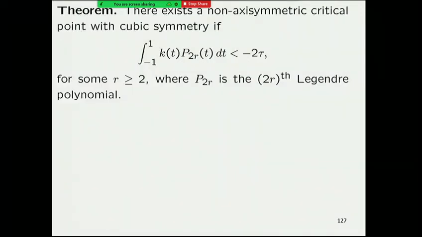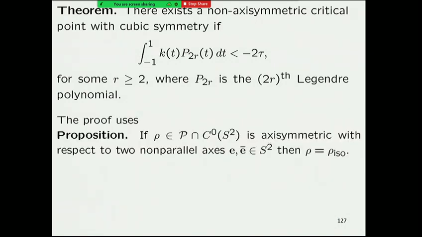So here's the theorem: there exists a non-axisymmetric critical point with cubic symmetry if this integral, the integral of the kernel times the 2r-th Legendre polynomial dt, is less than minus 2 tau for some r bigger than or equal to 2.